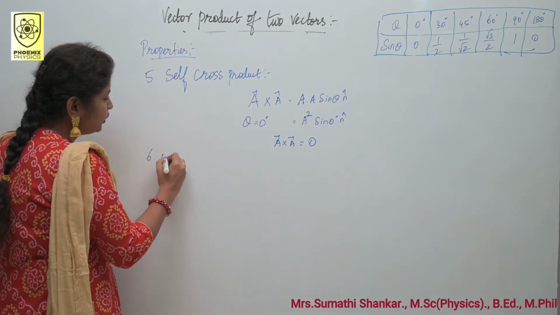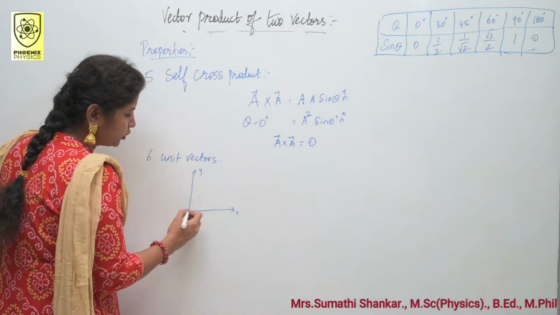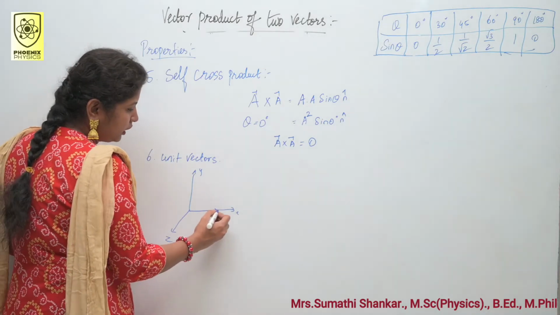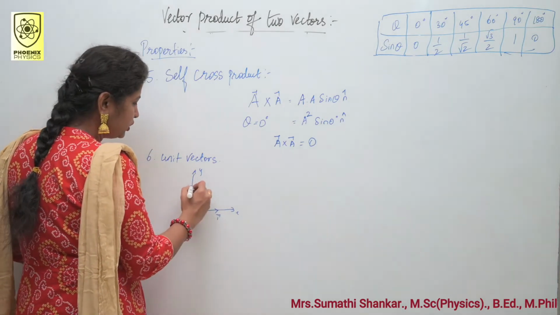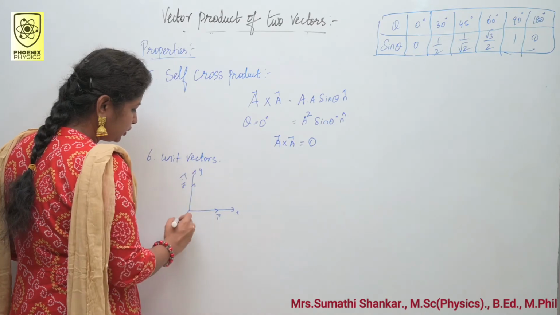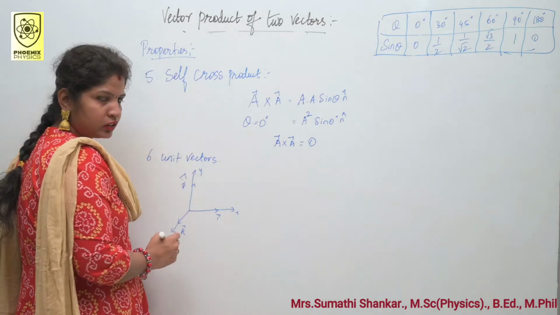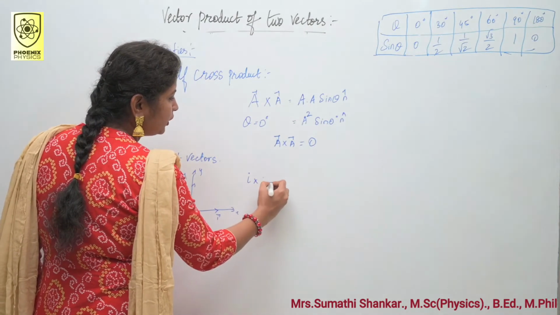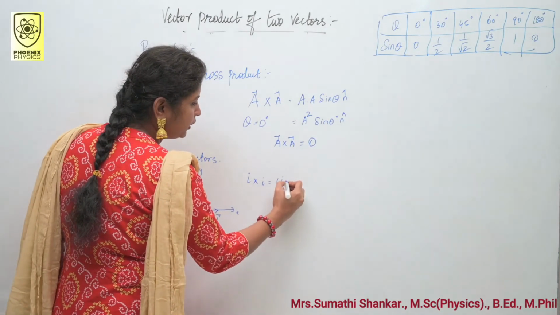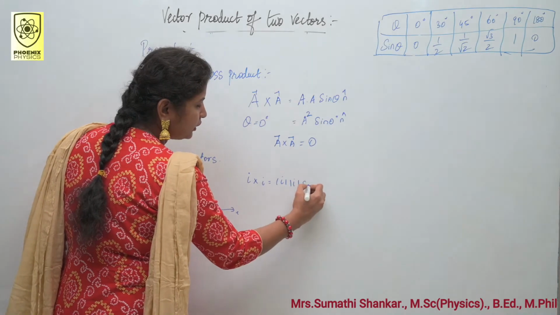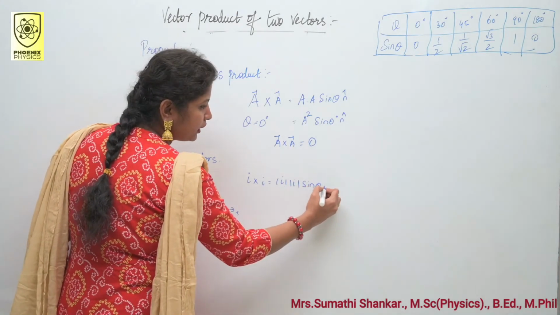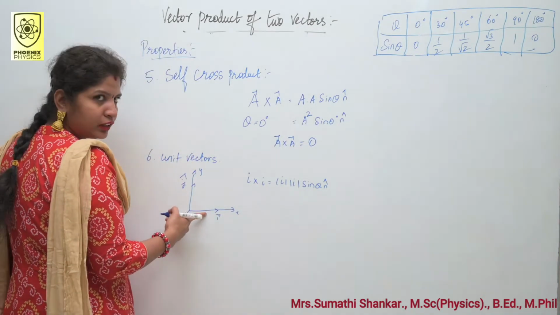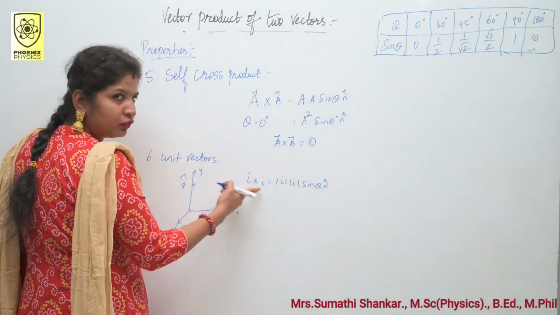Then unit vectors. This is my x coordinate, y coordinate and z coordinate. I acts in the x direction, j acts in the y direction, k acts in the z direction. Okay. Then how do you find out I cross I? Same formula, that is I I sine theta n cap. Here I vector, I cross I means self cross product.